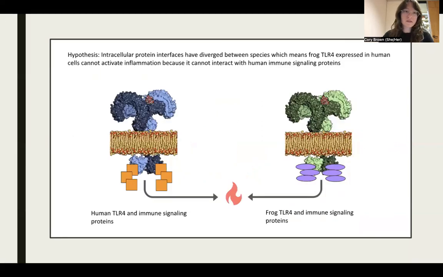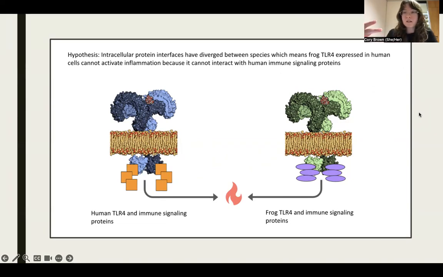So our hypothesis was that intracellular protein interfaces have diverged between species, which means frog TLR4 expressed in human cells cannot activate inflammation because it cannot interact with human immune signaling proteins. If you look at this diagram down here, you can see the green is the frog TLR4, and it has this kind of circular immune signaling protein. Whereas humans are represented by this blue protein that has square immune signaling proteins.